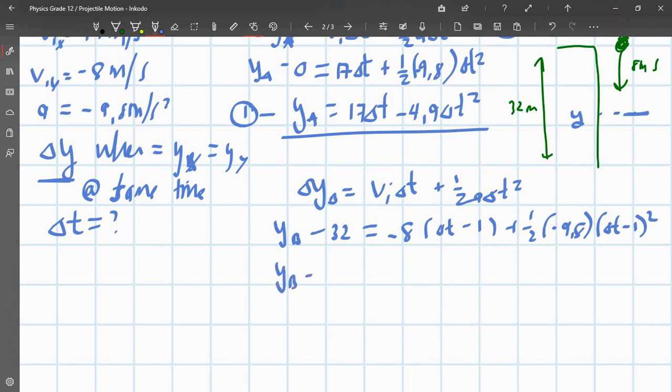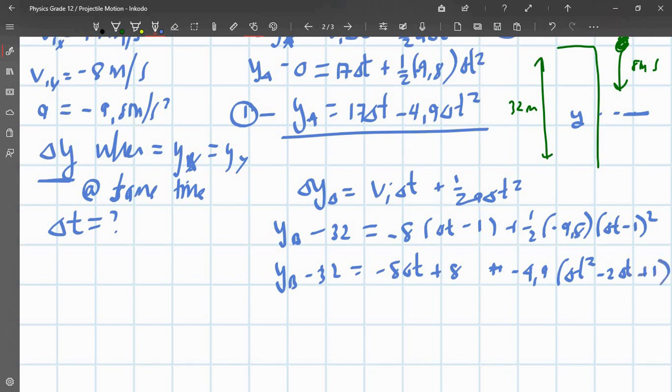So we got yb minus 32 is equal to minus 8 change in time plus 8, minus 4.9, and in the brackets here we're going to have change in time squared minus 2 change in time plus 1.